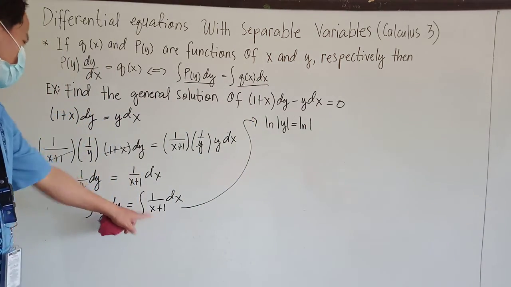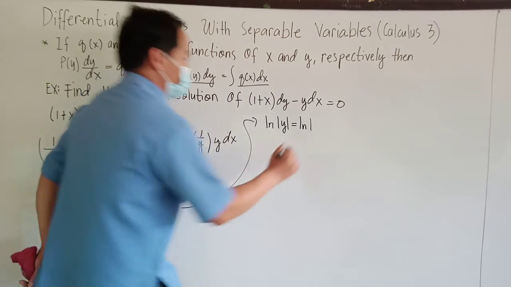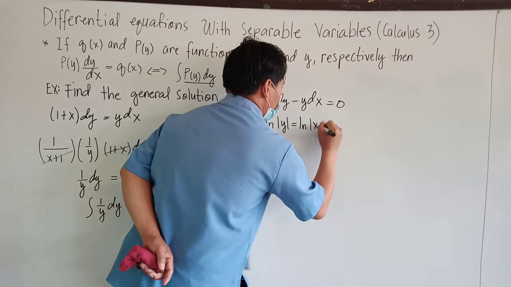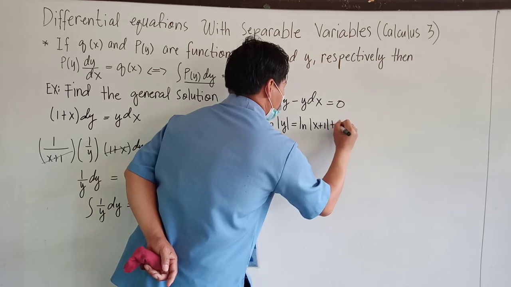X plus 1 or 1 plus x are just the same. So we have ln of x plus 1 plus c.